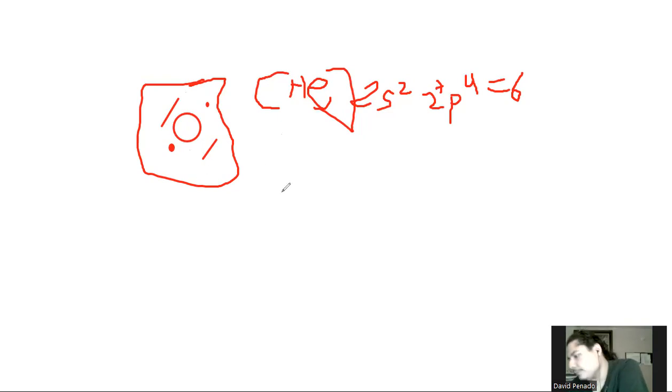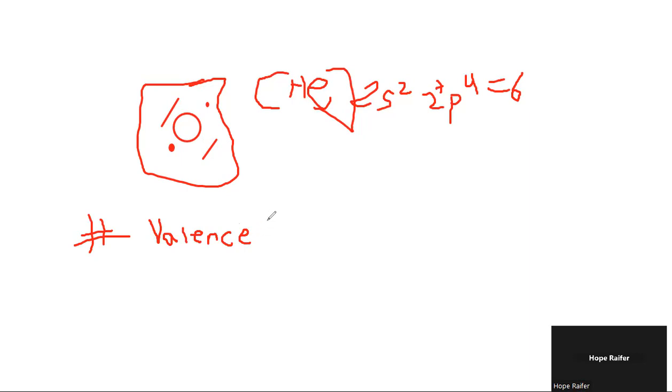So how do you find the charge? It's the only formula we need: the number of valence electrons minus the covalent bonds minus the non-bonding electrons.